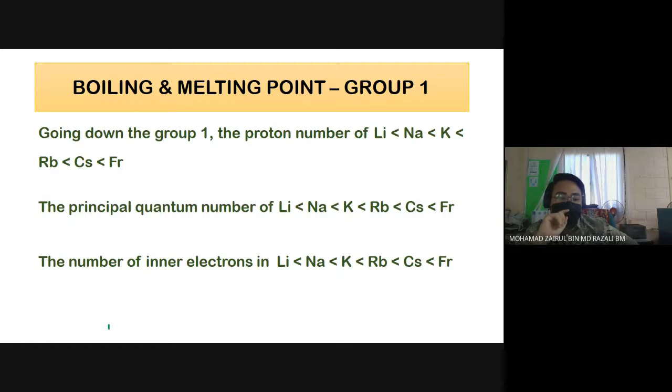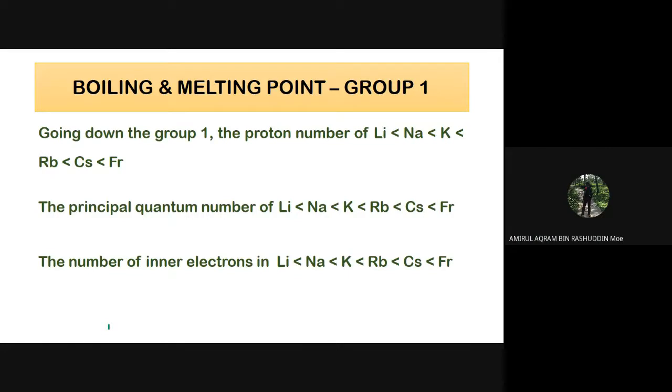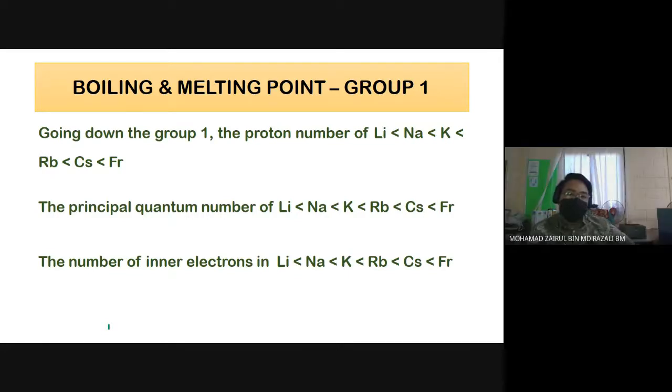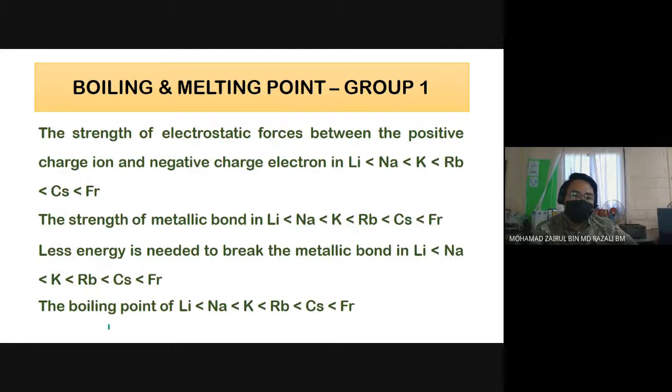Decrease. So, maknanya going down the group, what happened to the strength of metallic bond? Weaker. Become weaker. So, that's why lah, the boiling and melting point for group 1 going down the group, dia akan decrease. Sebab the strength of metallic bond dia akan decrease.